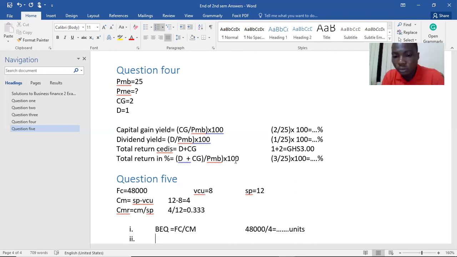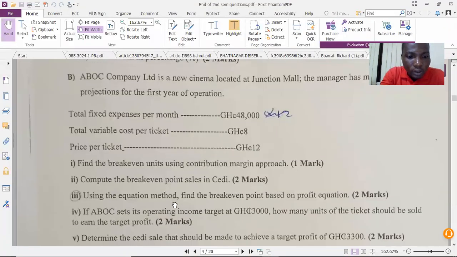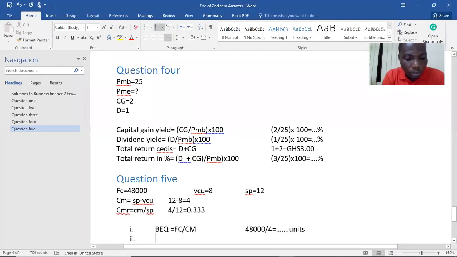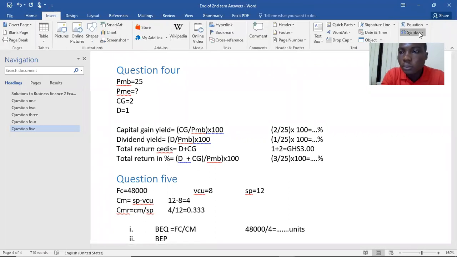The next question says, compute the break-even point in CD sales. So break-even point in CD sales. Let me put a currency sign here.